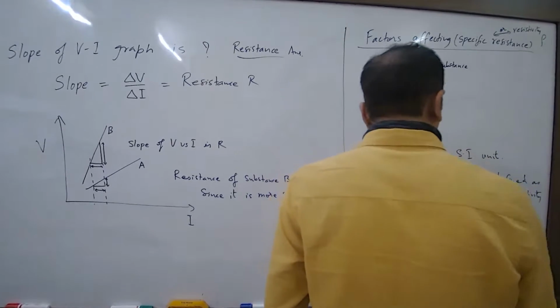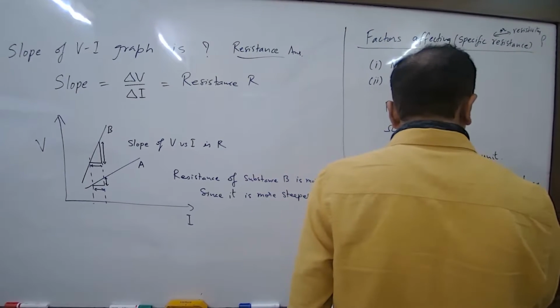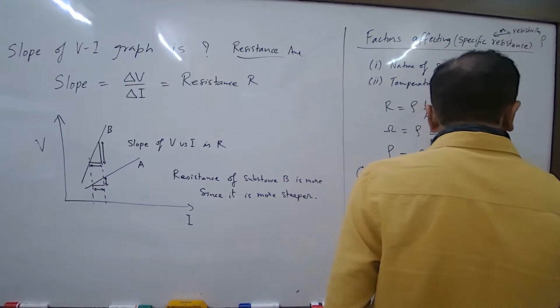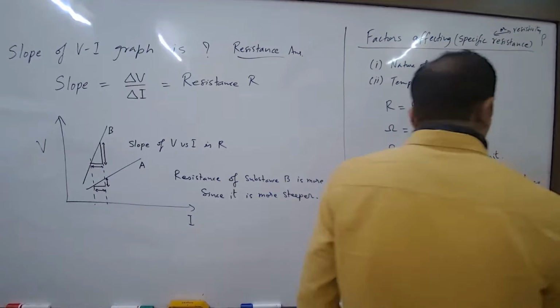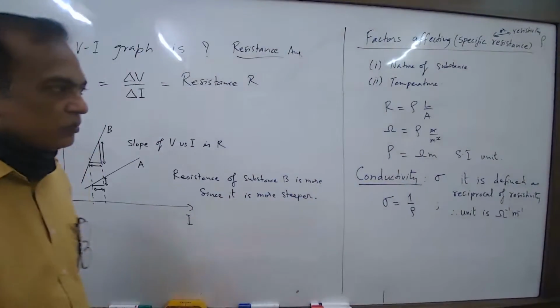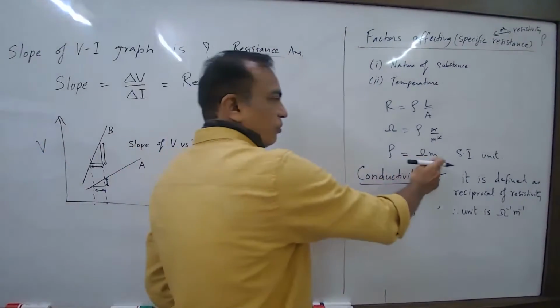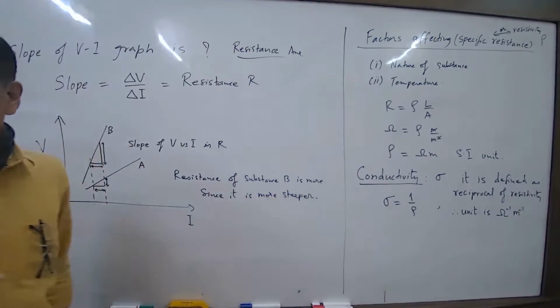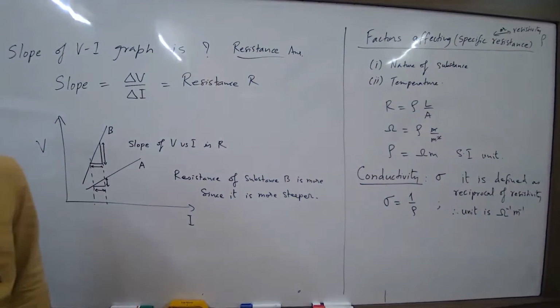Therefore the unit is per ohm per meter, because resistivity is ohm meter, so the reciprocal will be per ohm per meter.